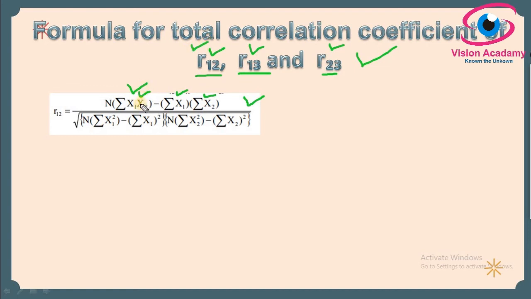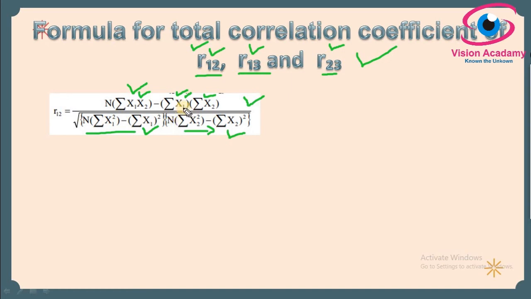Then summation x1 separately, summation x2, and in the denominator summation x1 square, and summation x1 whole square. The same formula of this portion is repeated here for x2.